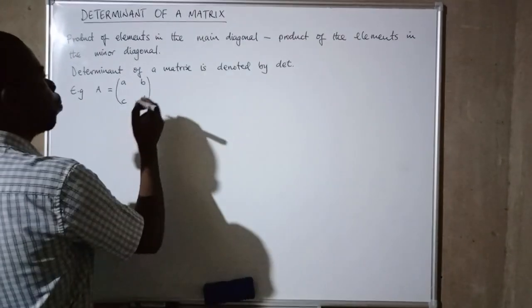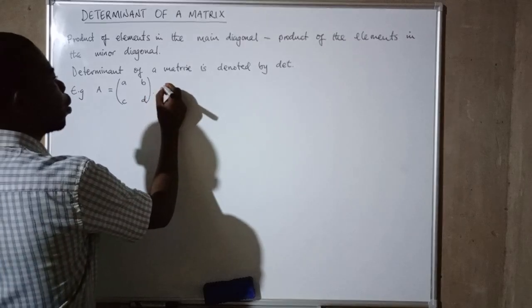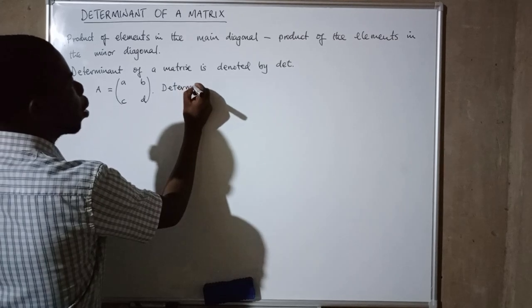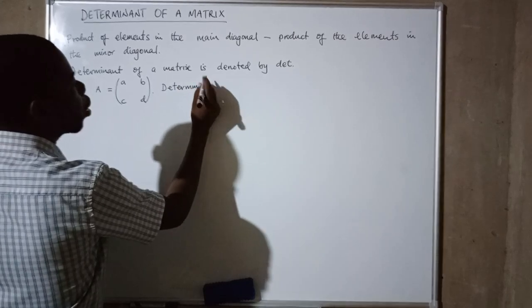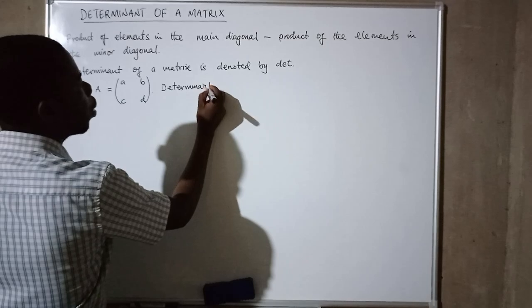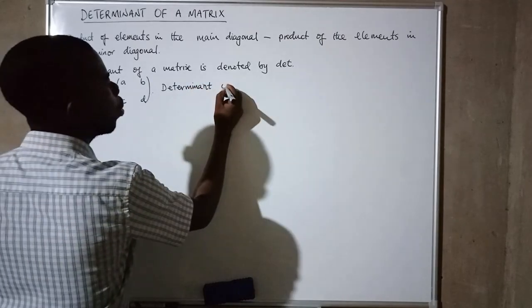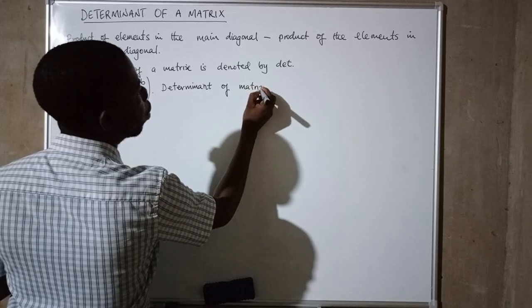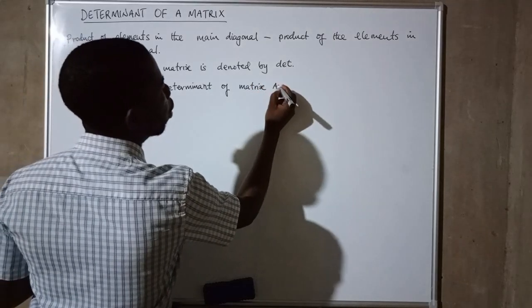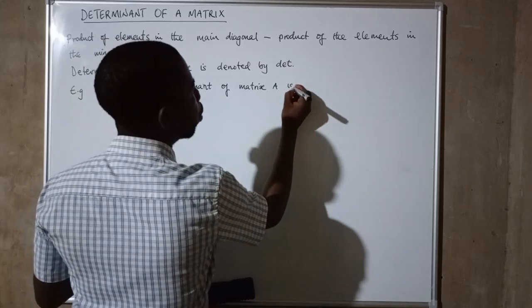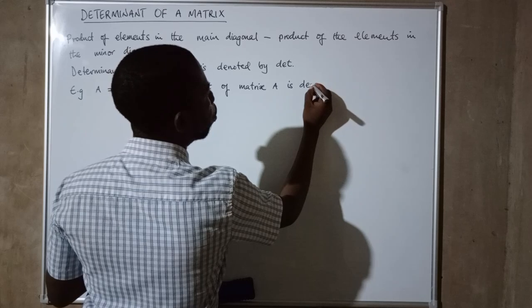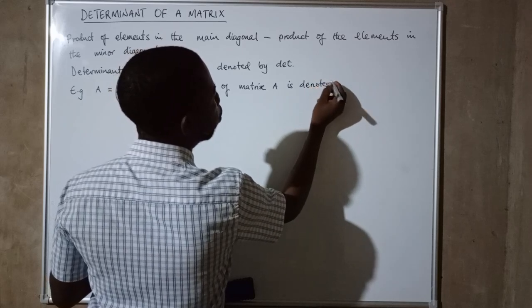So we are going to say the determinant of matrix A is denoted or symbolized as follows.